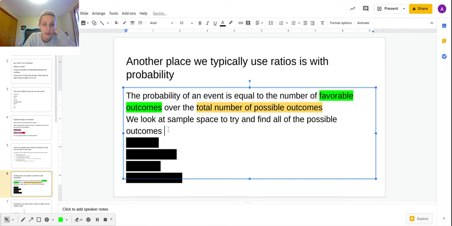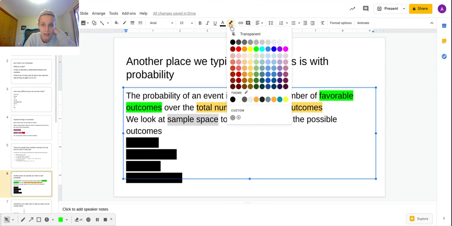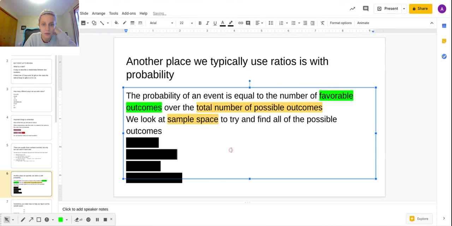One thing that is important is we need to figure out the sample space to figure out the number of possible outcomes. So to figure out this yellow part that I highlighted, we have to find the sample space.